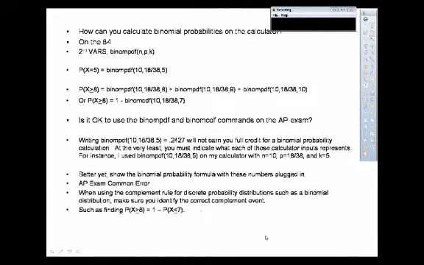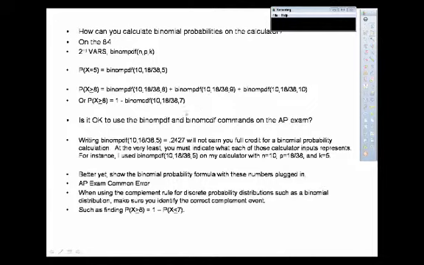Okay? AP exam common error. When using the complement rule, that's that 1 minus the probability, for discrete probability distributions, such as a binomial distribution, make sure you identify the correct complement.